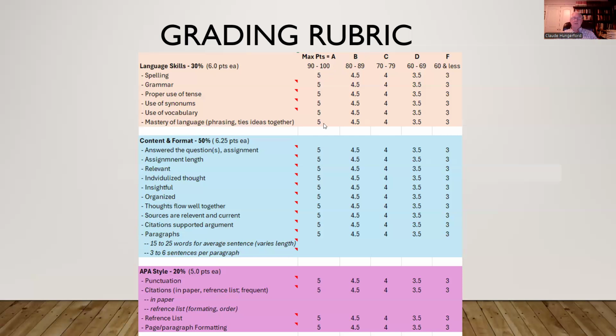You get 5 points across the board for every one of the 20 areas. That's 100 for the paper. At the B level, half a point off, 4.5 times 20, that's right at about the 90 level. So this is how things are going to be looked at.